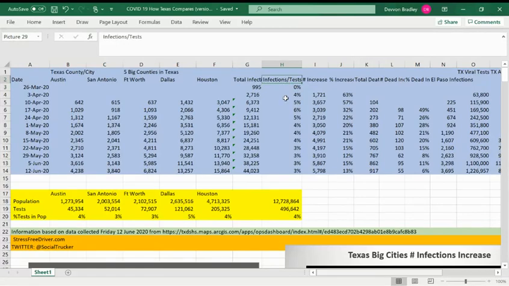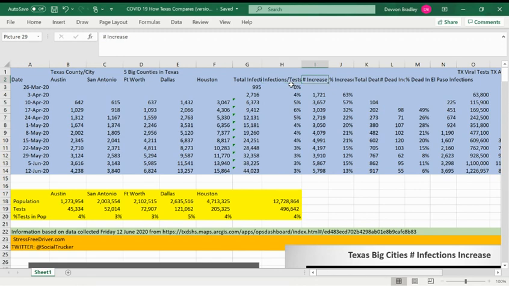But these cells are correct, I made sure of that. This is a percentage that accounts for how many tests were done, so that you can compare each week given the amount of tests that were given.